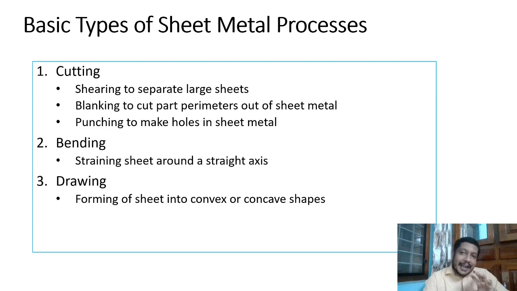These are all actually drawn from the sheet, according to the required dimension. The raw material used for drawing these sheets into the formed condition is called the blank. From the blank only you are making these drawing products.